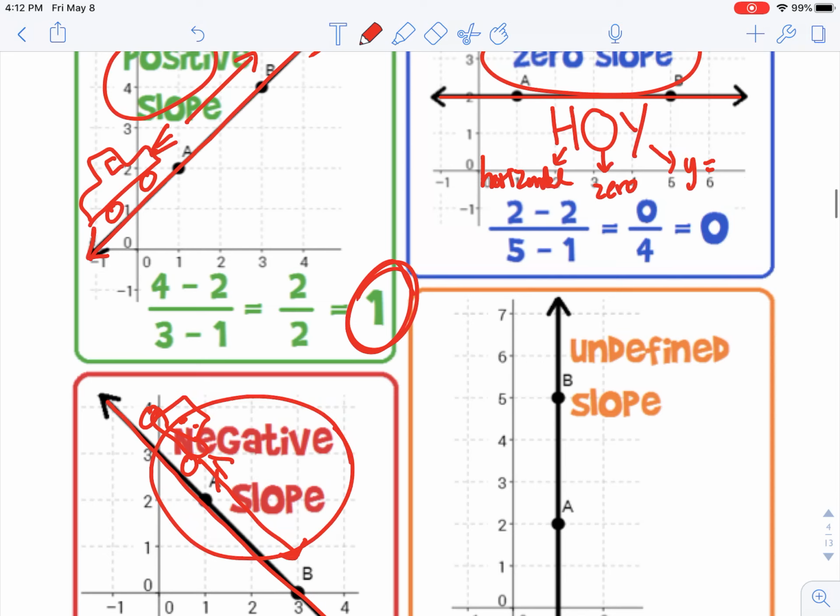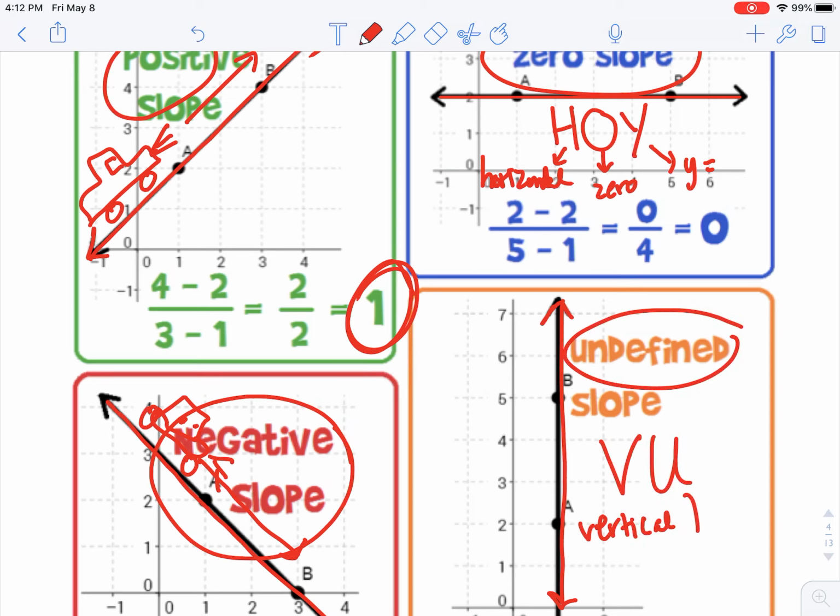Okay, then if it's straight up and down, that's a vertical line, right? So vertical lines always have that undefined slope that we saw, the one that gives you an error message. And these ones are going to be x equals. And we'll talk about this x equals later.